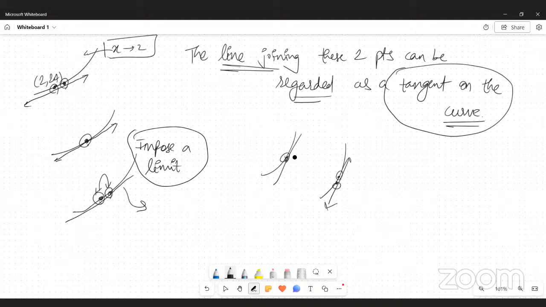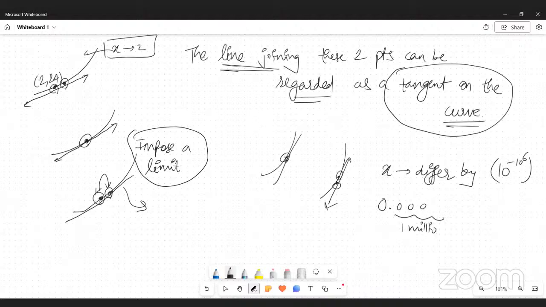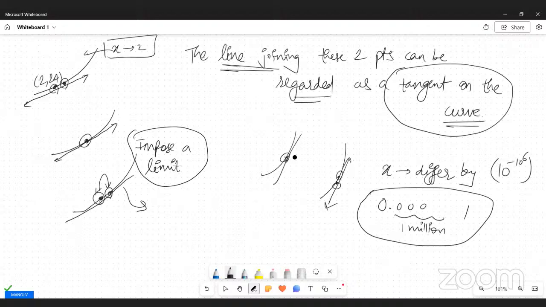I had regarded in the previous class also that the values of x differ by 10 raised to minus million. That means 0. followed by 1 million zeros and then a 1. So it's so close to each other that these 2 points, the line touching through them, can be regarded as a single point. Okay, you get it right?